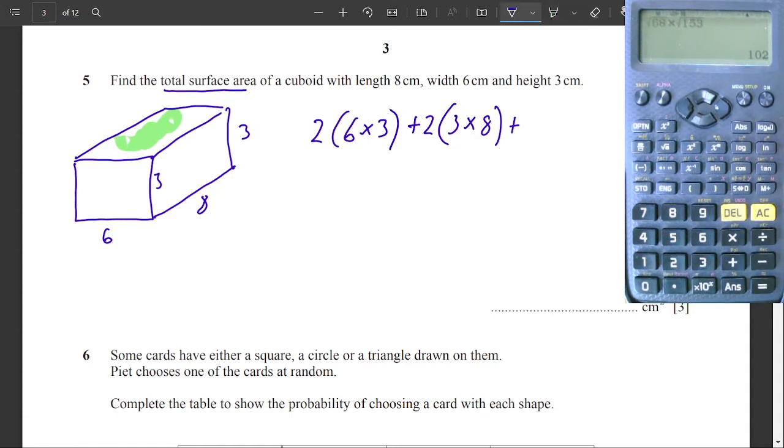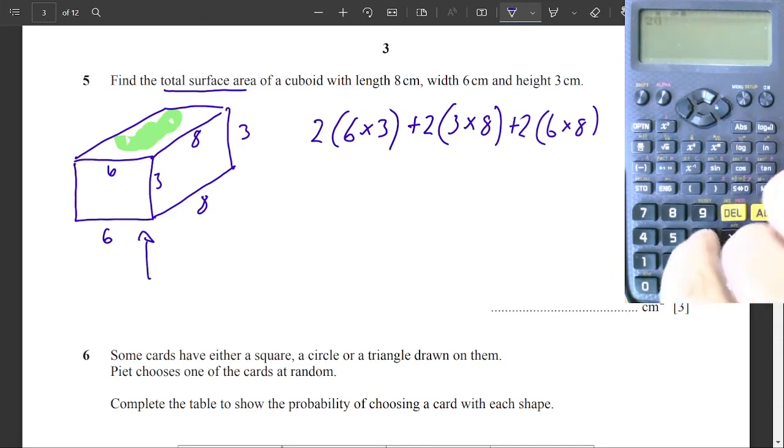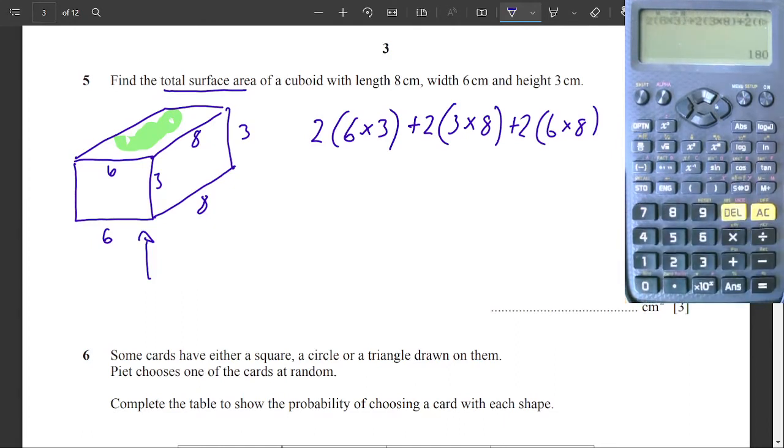Okay, so the top has got a width of 6, a length of 8. So that is 6 times 8. But of course, again, the bottom is the same as the top. So we're going to double that. All we need to do is put that into our calculator. And bam, we have the right answer.